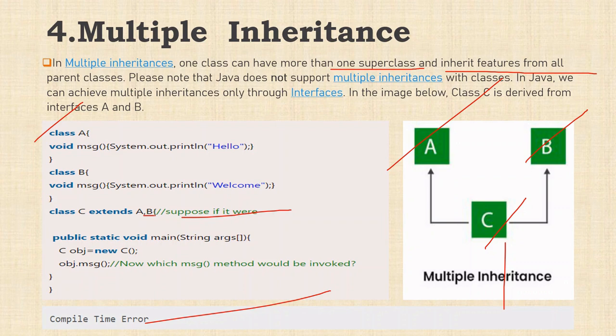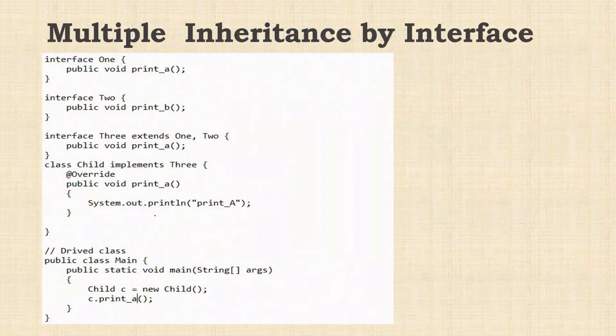So how can we achieve it? We can do it with the help of interfaces. We have interface one, which has a method print A, and interface two, which has a method print B. Then interface three extends one and two, and it has another abstract method.